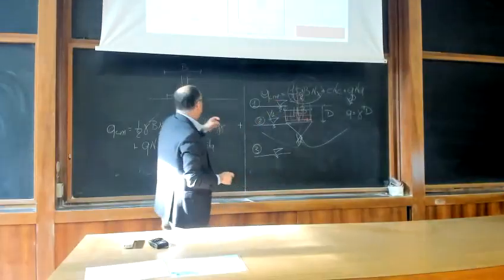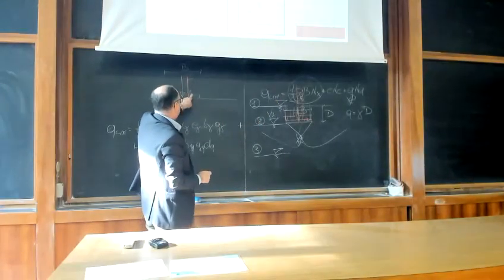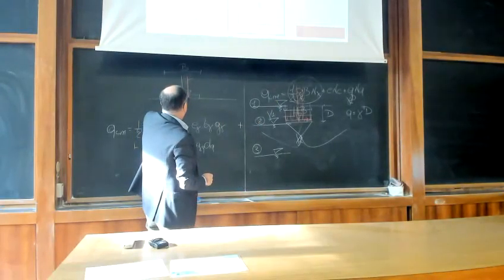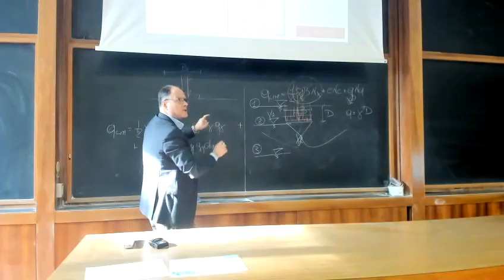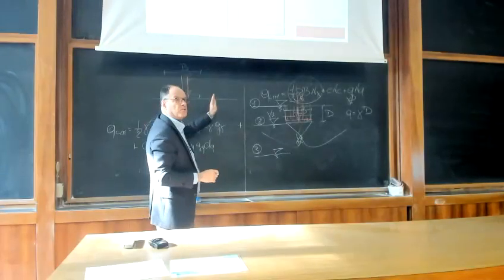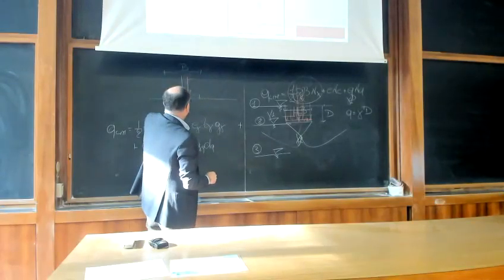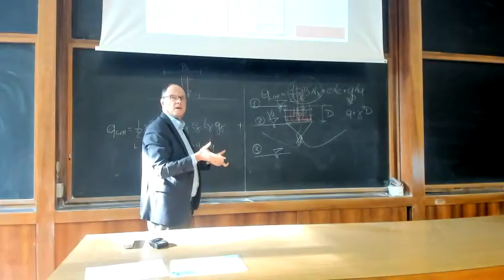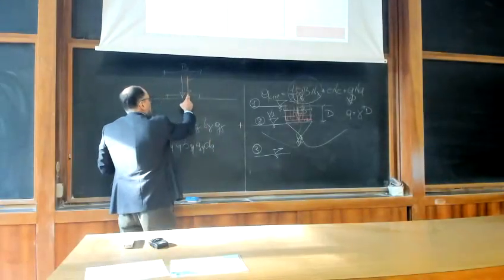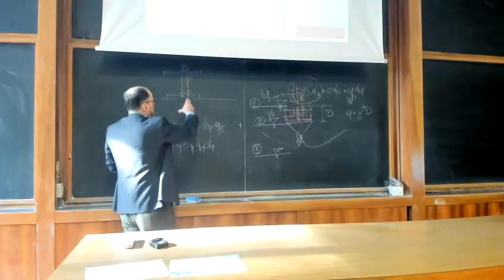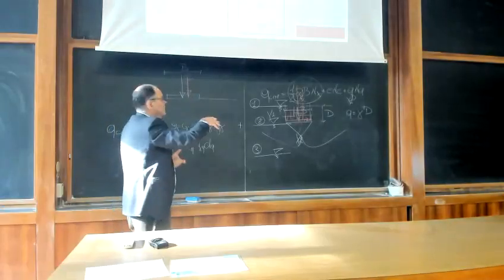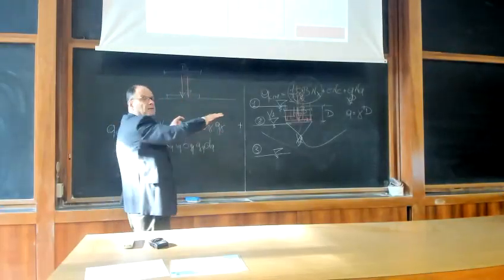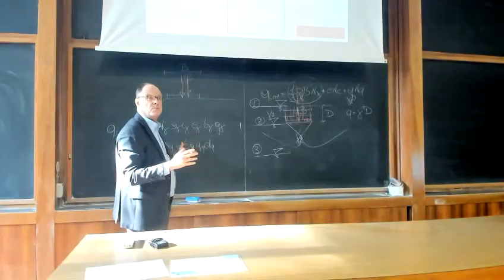Now, Meyerhof says, well, if you have the same everything, just the load is eccentric, of course you won't have the possibility that the same soil will provide the same bearing capacity. This is definitely a worse situation than this, because the footing is loaded at the side, and so there is not the full development of the same mechanism.